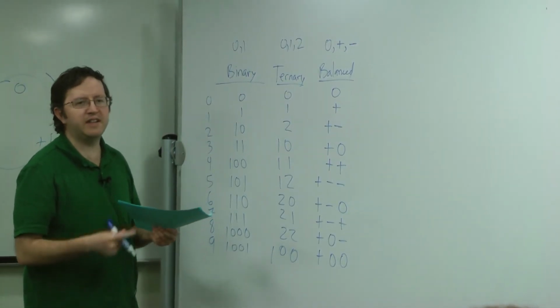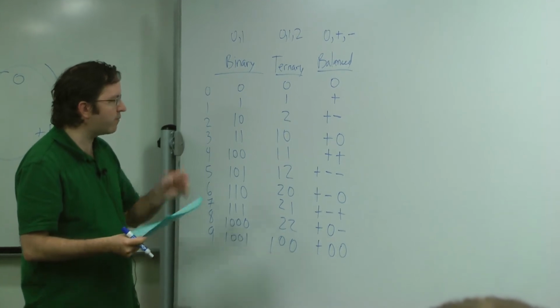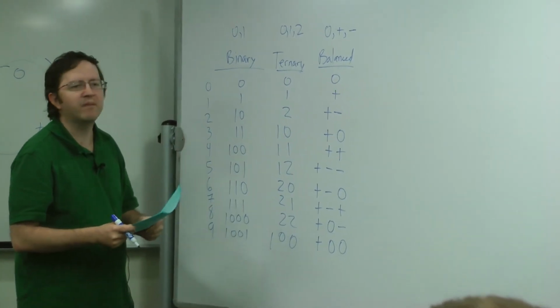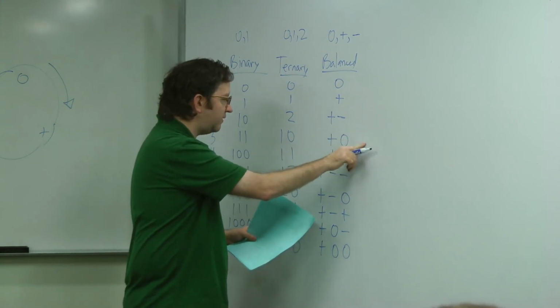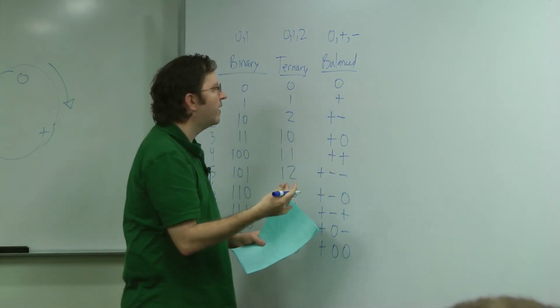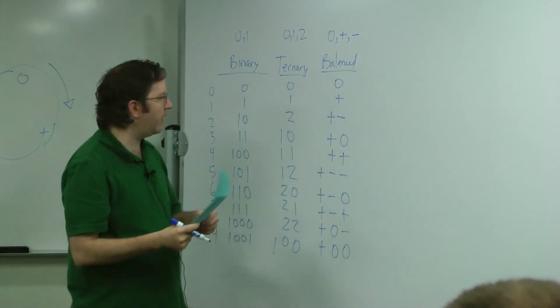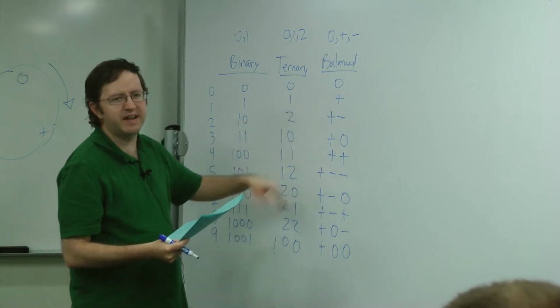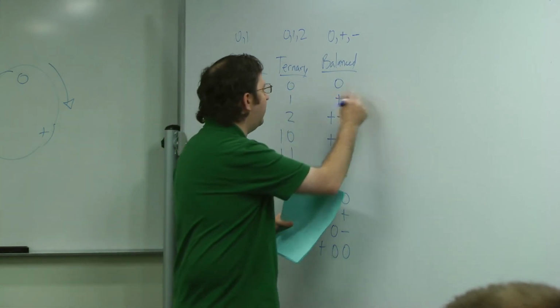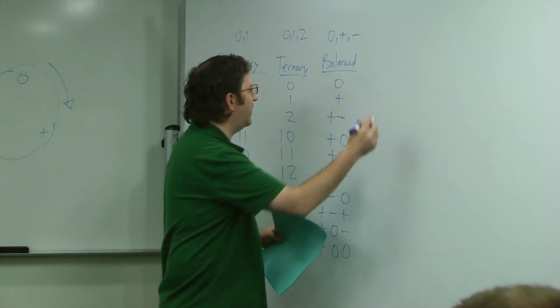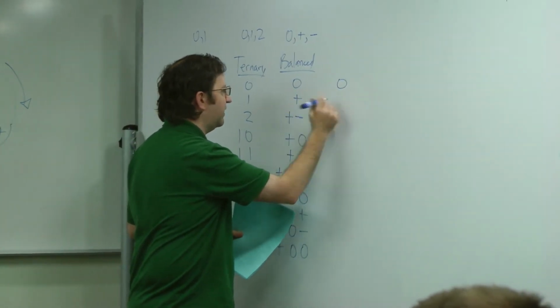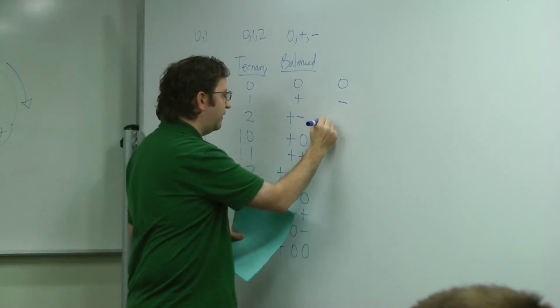And so one of the interesting effects of balanced ternary is that if we wanted, this actually gives us a negative representation for free. Because if we took all these signs here and just swapped them, it would be the same number, only it would be negative. So for example, this would be -1.